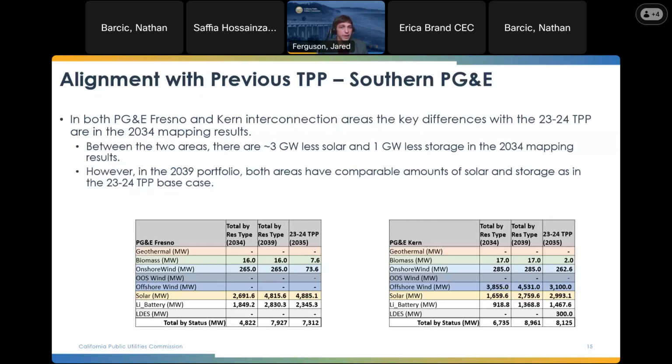In the Kern area, it's still a few hundred megawatts less, but it's roughly the same. Additionally, you see that there is more offshore wind mapped to the Morro Bay wind area, interconnecting in the PG&E Kern area as well. Next slide.